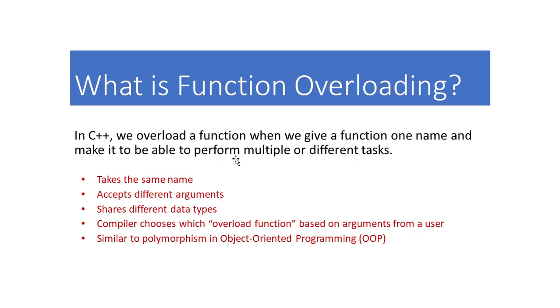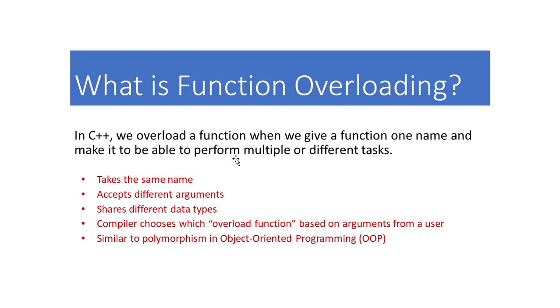What is function overloading? Well, in C++, we overload a function when we give a function one name and make it able to perform multiple or different tasks. In other words, many different functions share the same name, but they do different things.